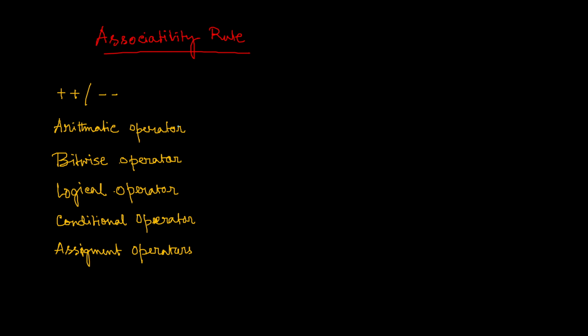The associativity for plus plus and minus minus is what we call right to left. Arithmetic operators are the opposite, left to right. Then bitwise operators have again left to right.